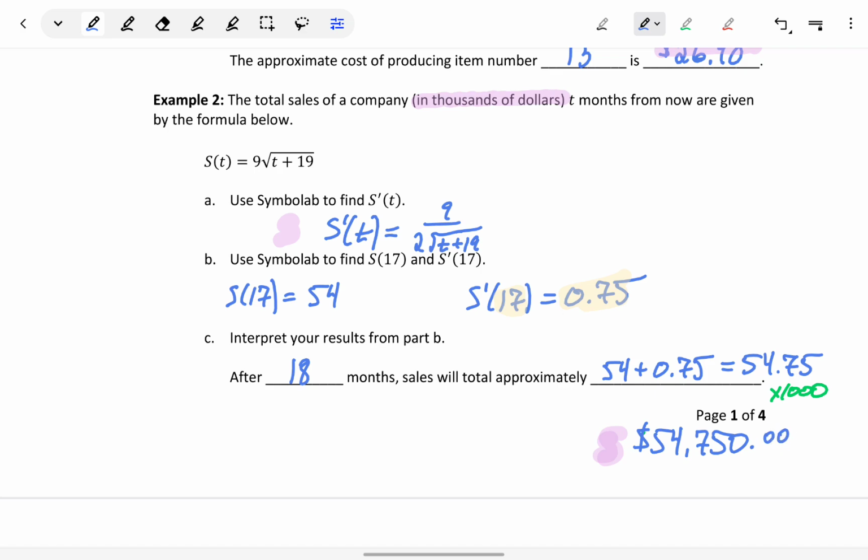And again, this is the idea of what marginal analysis is going to get into. We're getting an approximate for what our function value would be if our independent variable, in this case it's t, in example 1 it was x, was increased by 1 unit.